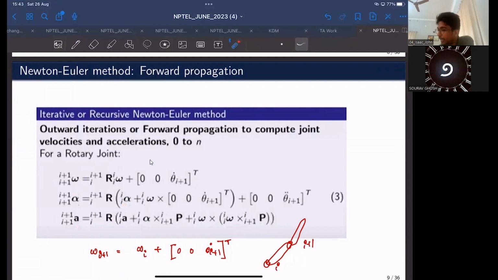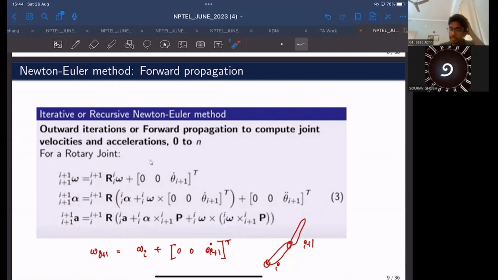If you can recall the DH convention, the frame zi aligns with the axis of the revolute joints, or the axis of any joint. So if this is the ith joint, zi would be aligned parallel to the revolute joint over here, and zi plus 1 is going to be aligned with the revolute joint at the I plus 1 frame.